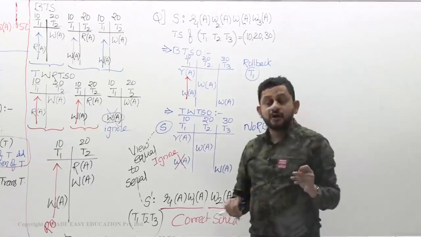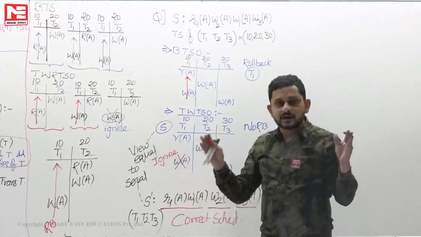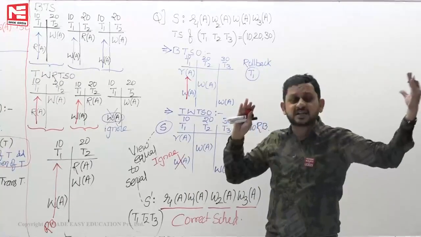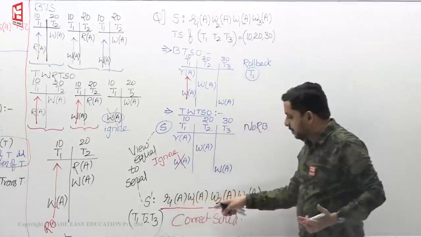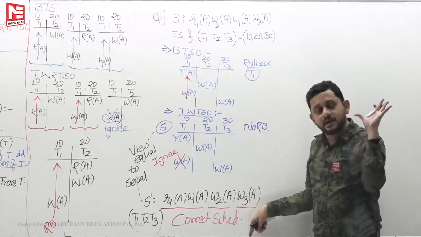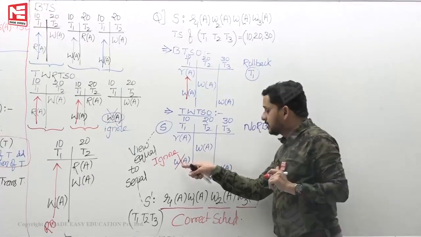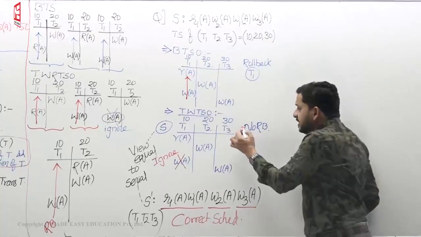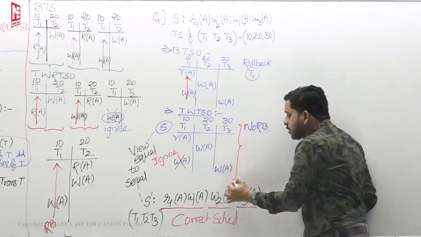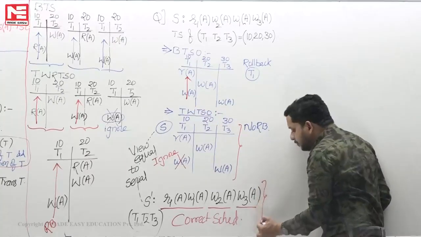In the first class of transaction concurrency control itself we discussed that if the transactions execute serially one after the other, then the result is always correct. So if you ignore this write, the schedule executed by Thomas Write Rule timestamp ordering is view equal to this serial schedule.